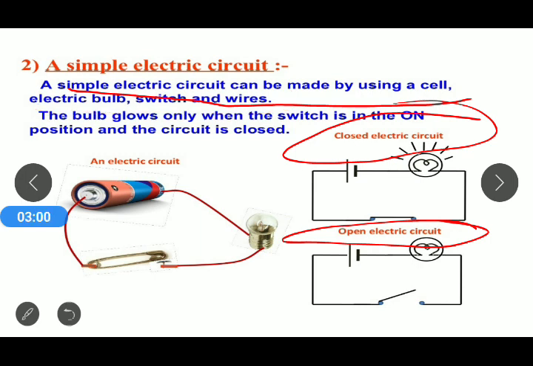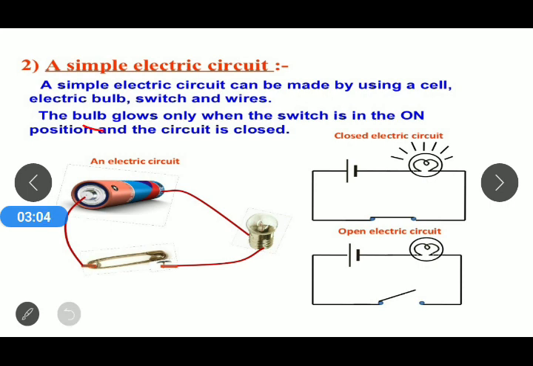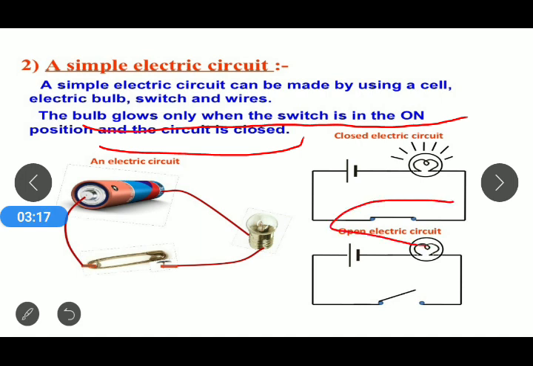Now the second thing given to us is that the bulb glows only when the switch is in on position and the circuit is closed. In which position can the bulb glow? The bulb can glow only when the switch is in on position. As you can see here, there is a difference.